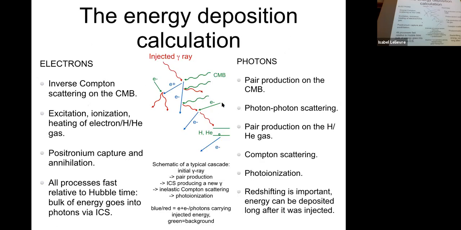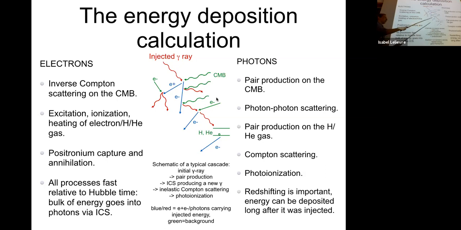So the cascade that we're modeling here is shown schematically on this slide. Here I've tried to indicate by green the background particles. Red and blue indicate particles that are carrying the energy of the injected particle. Blue means electrons and positrons, and red means photons. So if I inject a high energy photon into the early universe, I can ask what happens.